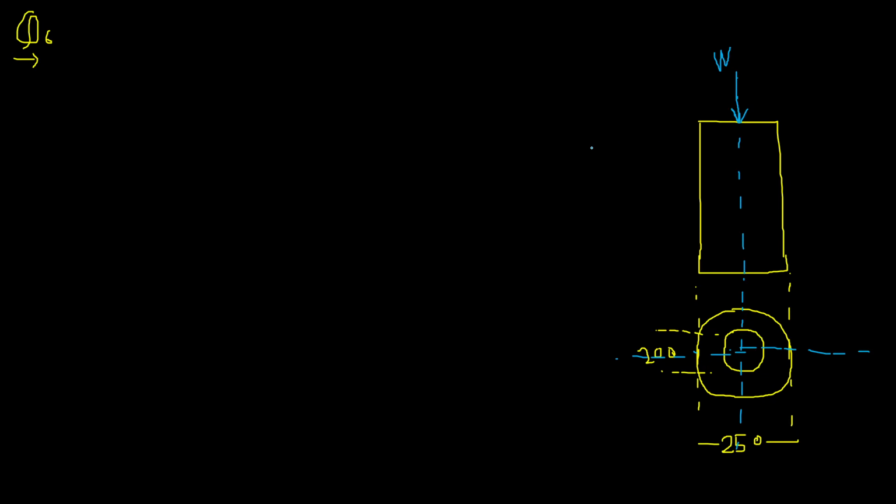Okay, and there is one more load that is eccentric load of 100 kN. अजून एक लोड आहे eccentric load of 100 kN. So it is present at some distance E. Okay, so this is the location of the eccentric load.